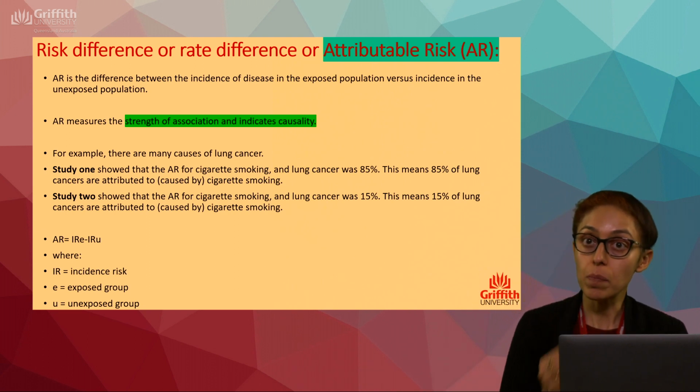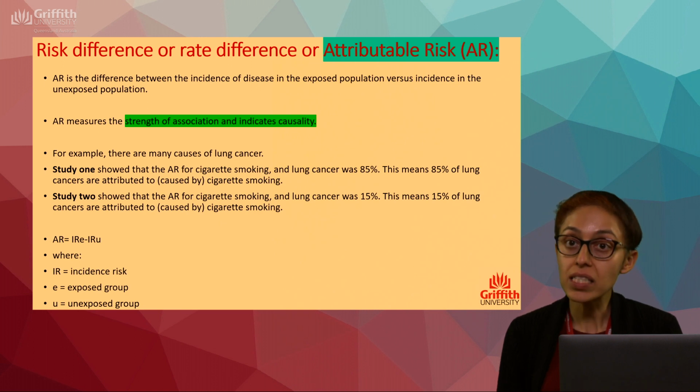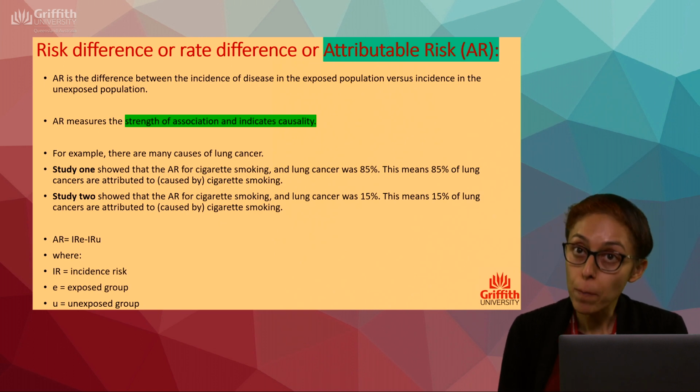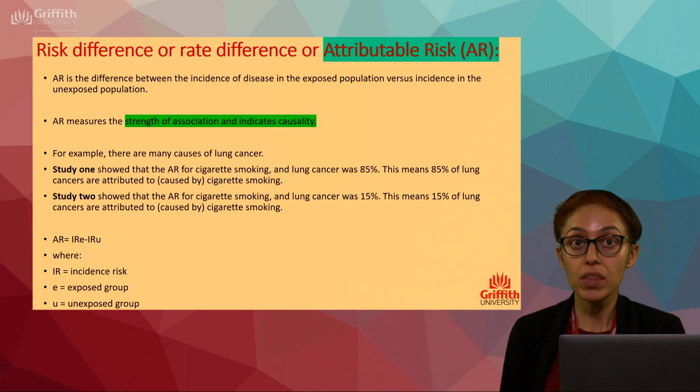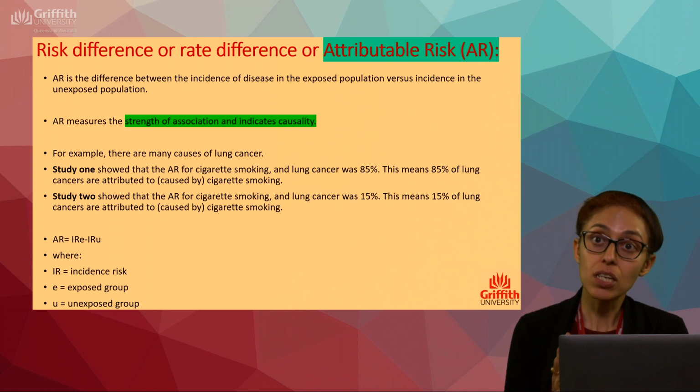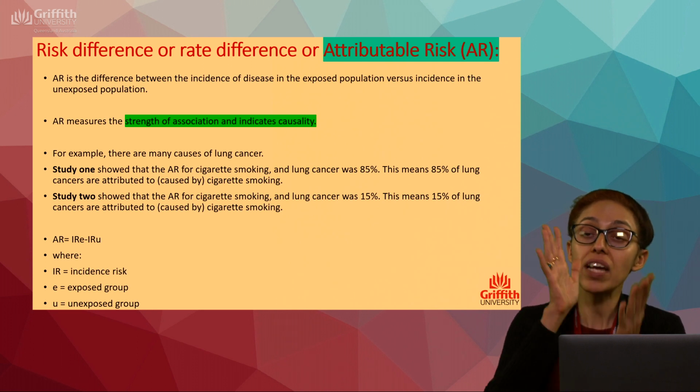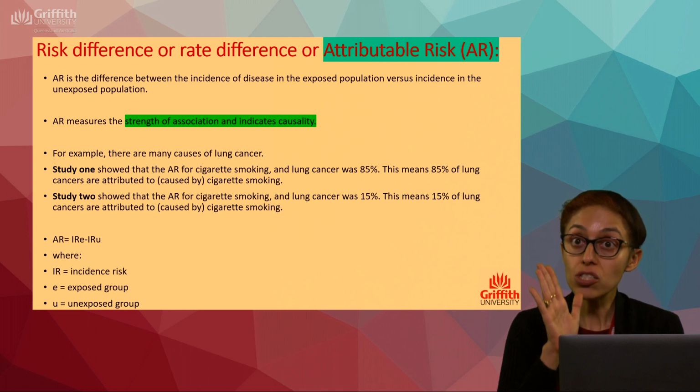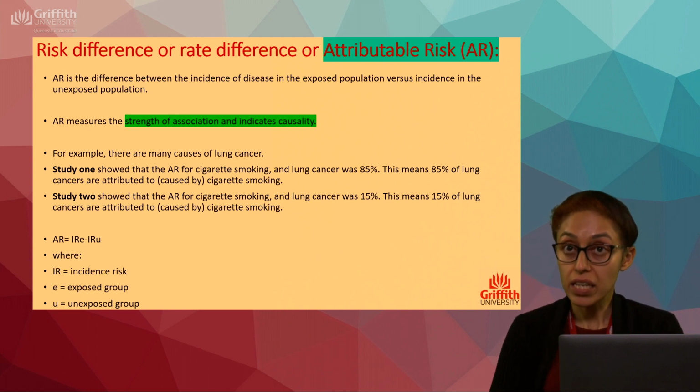So that is what it means, meaning in that study, in that particular population which the author studied, lung cancer was occurring predominantly because of cigarette smoking, 85% of it. Okay, so that's a very, very big variance which is explained by cigarette smoking.